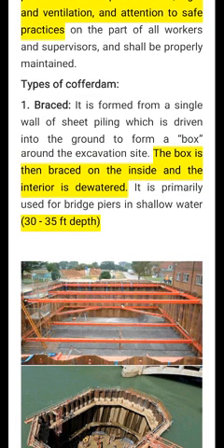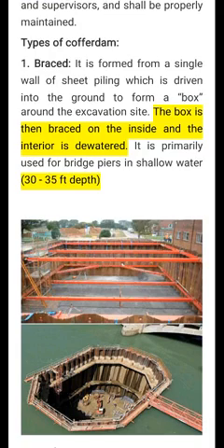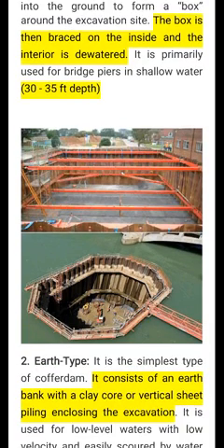These are generally 30 to 35 feet in depth. See the picture, you will see the red ones are the bracings. These are the bracings to avoid deformation of the cofferdam. Again, you can see the water-surrounded cofferdam.